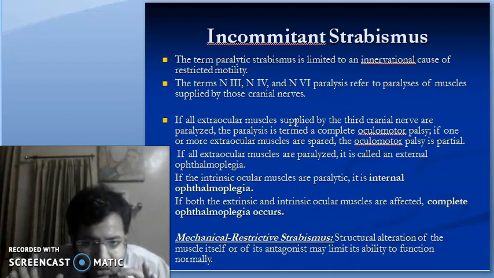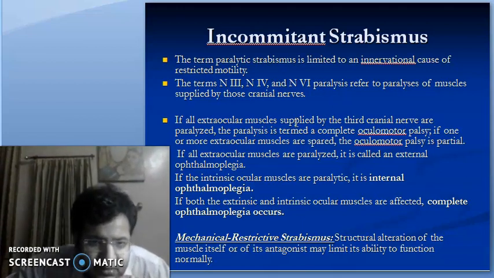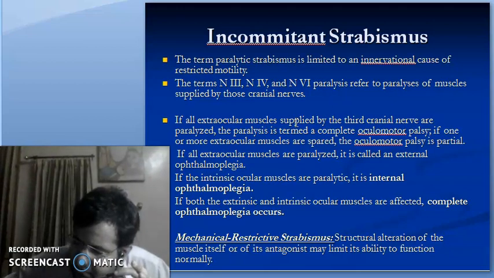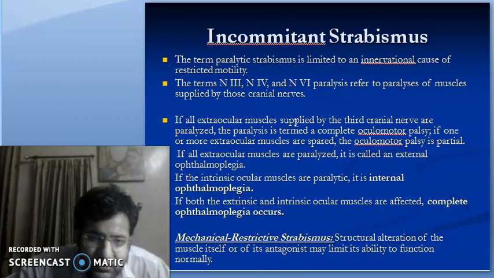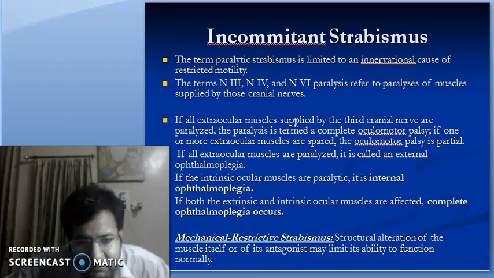If all the extraocular muscles are paralyzed, it is known as external ophthalmoplegia. If all the intrinsic ocular muscles, such as the iris muscles and the ciliary muscles, are paralyzed, it is known as internal ophthalmoplegia. If both the extrinsic and the intrinsic muscles are paralyzed, it is known as complete ophthalmoplegia.